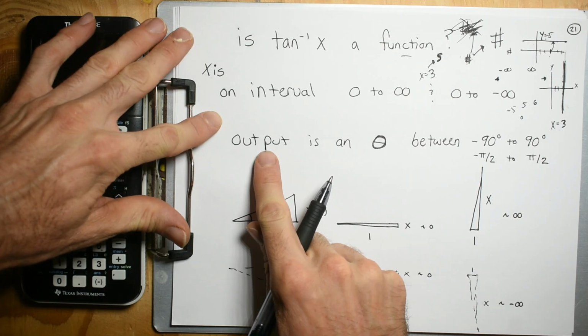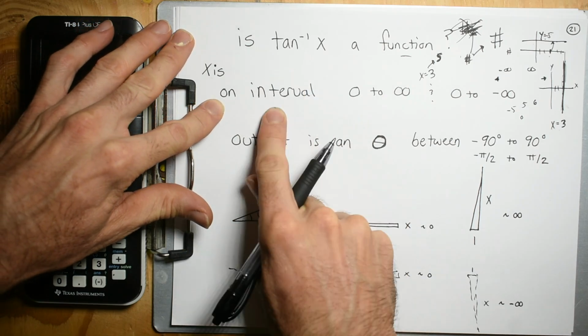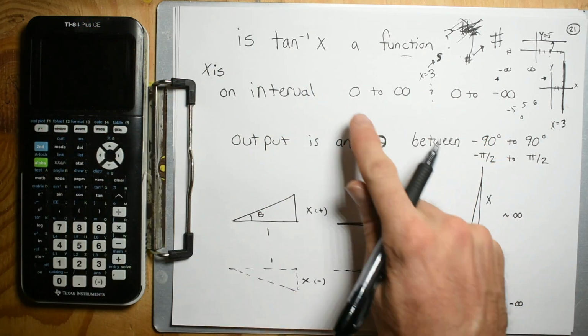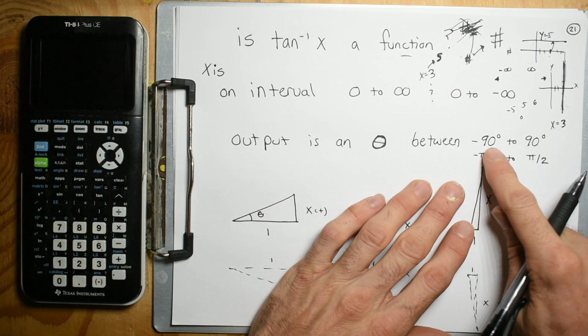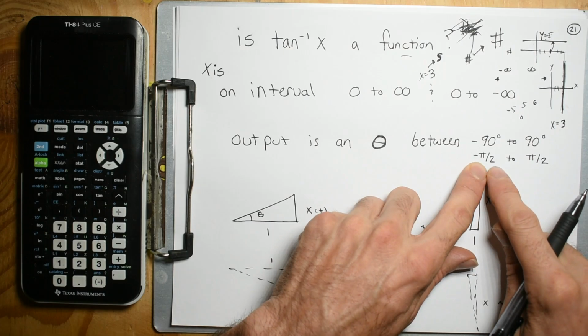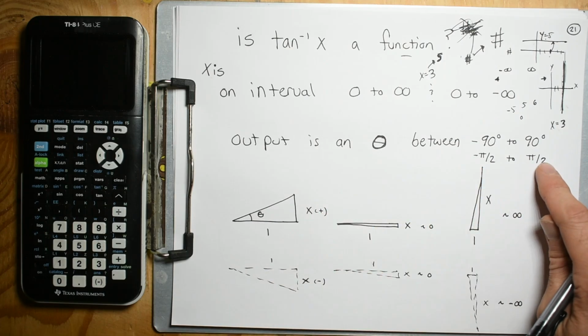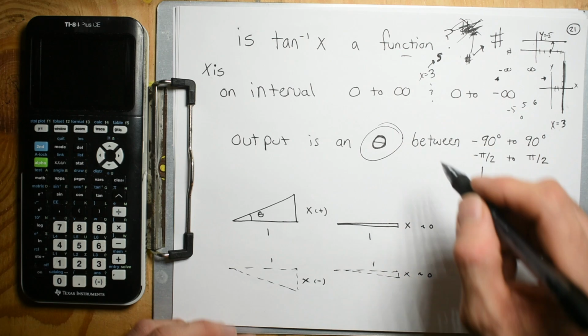All right, so x, this ratio, we talked about how that ratio can range from negative infinity to infinity. The output is an angle between negative 90 and 90, which is negative pi divided by 2 to pi divided by 2. And that has to be the output of it.